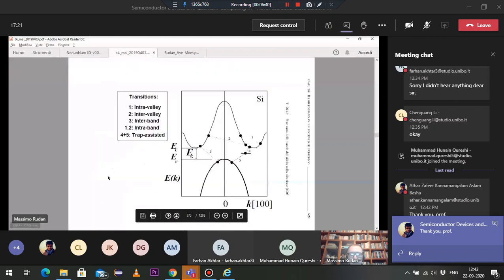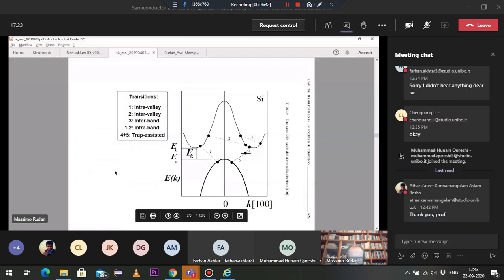Okay. You remember when we described the relation in the crystal between energy and average momentum, we indicated that the average momentum is proportional to the k vector. So it is customary to use the k vector instead of the average momentum p.